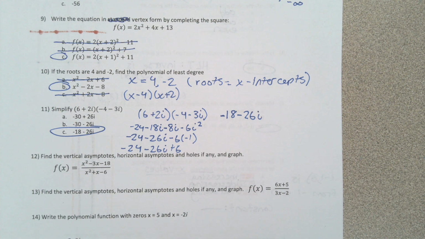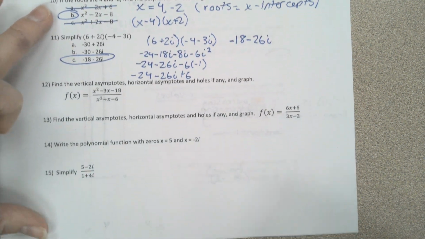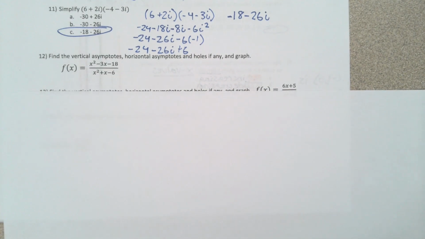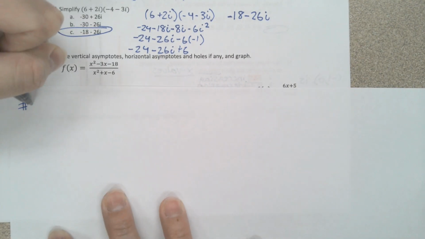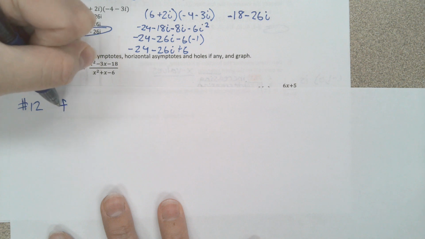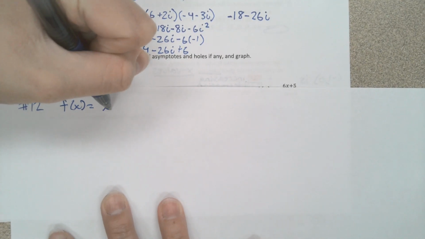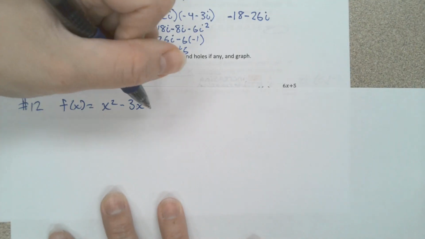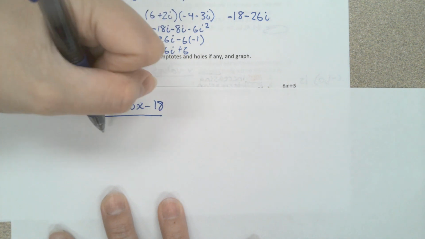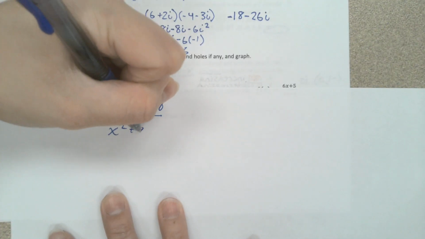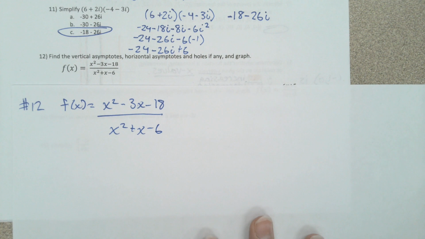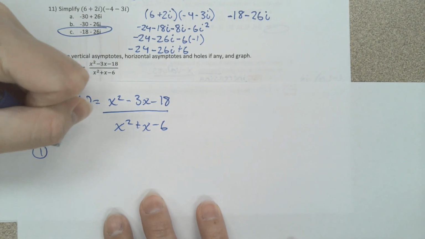That's all we have to do. So definitely want a piece of paper because we obviously do not have that kind of room here. So for number 12, f of x equals x squared minus 3x minus 18 over x squared plus x minus 6. So step 1 is to factor.